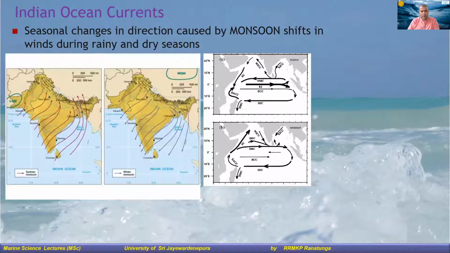So the Indian Ocean has a unique type of ocean currents. What we earlier discussed, something like the equatorial current, both in the south and north, but also the equatorial countercurrents. There is something special, especially what we call the monsoon. We know something called the monsoon. Right? Monsoon is actually something to do with the change in the wind pattern in the Indian Ocean. Right?